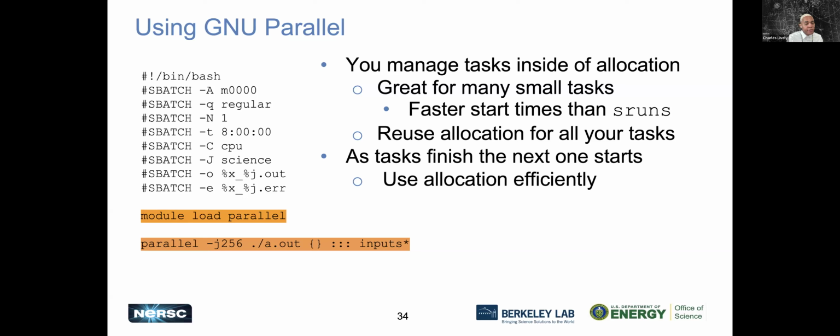It allows for reuse of your allocation for all of the tasks. As each task finishes, it executes the next one, which makes it more efficient for allocation reuse as well. So that is another option that you have to utilize on Perlmutter, and we have more examples and documentation on how to set that up as well.